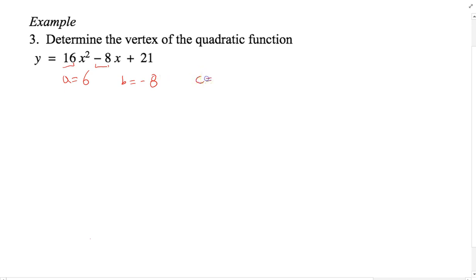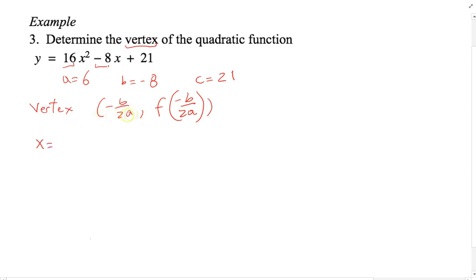C is 21, but we will not use c in our formula because we want to find the vertex. All we need is a and b. Now remember that the vertex coordinates were -b/2a for the x value, and f(-b/2a), that was your function value, the y value.